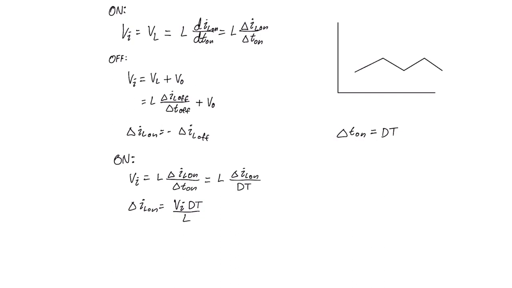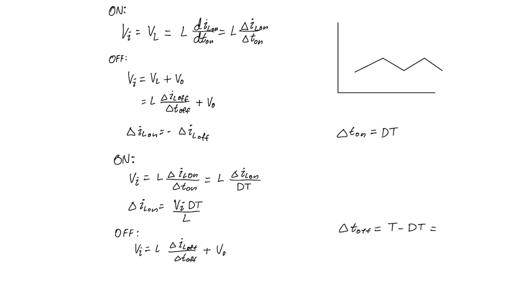So if we do the same for the off equation, we will get that VI is equal to L multiplied by the change of current when it's off over the change of time when it's off, and then plus VO. So here, the change of time when it's off is equal to T minus the time when it's on, which is dT.